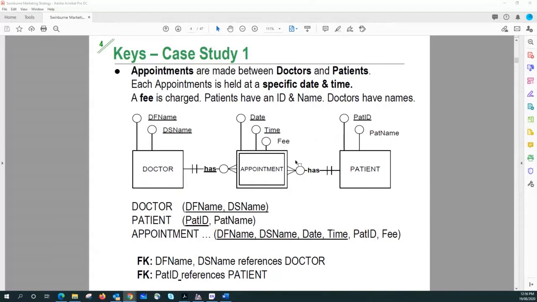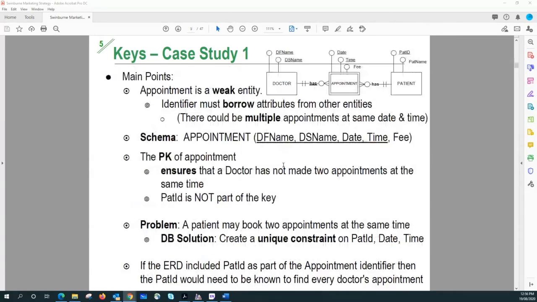We can have a null value for the patient ID because we don't know. When the patient rings, for example, then we can update the appointment table with the relevant patient ID in that particular foreign key column. So that is what I have talked about here.